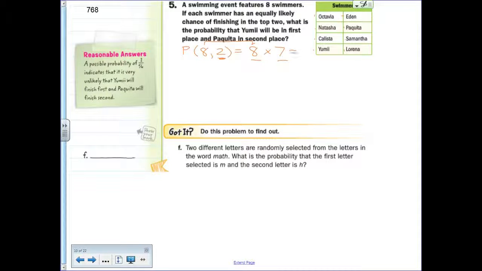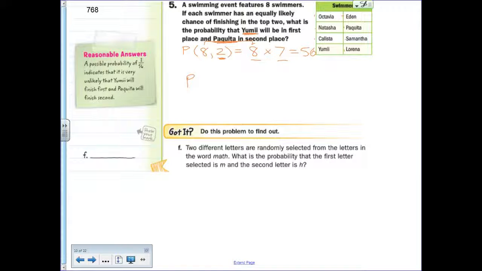And then 8 times 7 equals 56. Of those 56 ways that 8 swimmers could finish first or second, how many of those would be Yumi finishing first and Pakita finishing second?